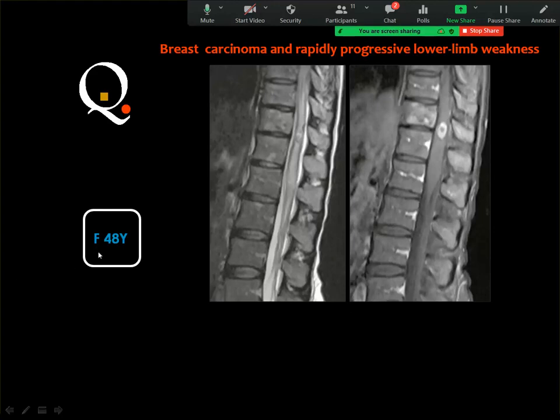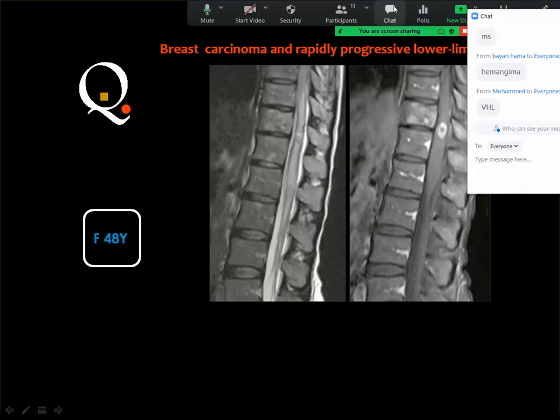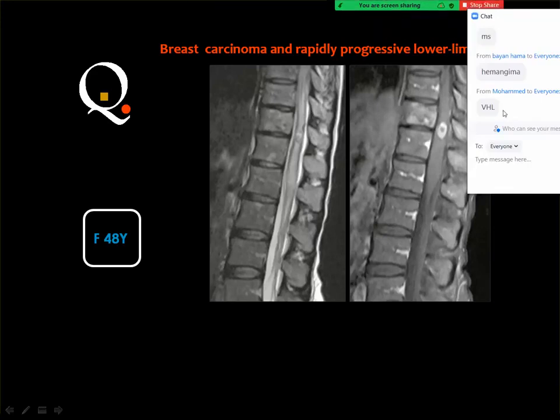This case is a 48 years old female with a known breast cancer, developed rapidly progressive lower limb weakness, and you got a lesion in the distal part of the spinal cord. And actually, the von Hippel-Lindau syndrome is a good answer for the previous case.